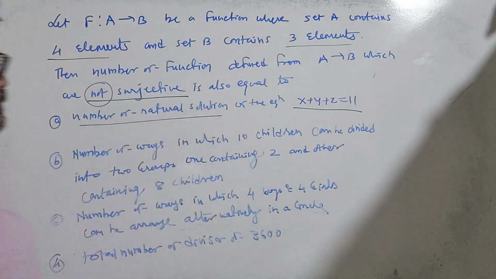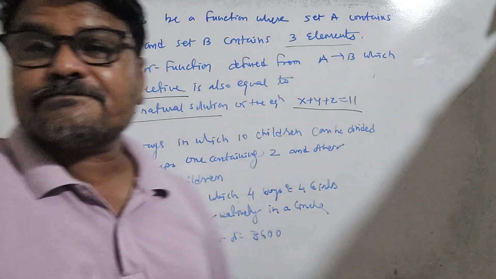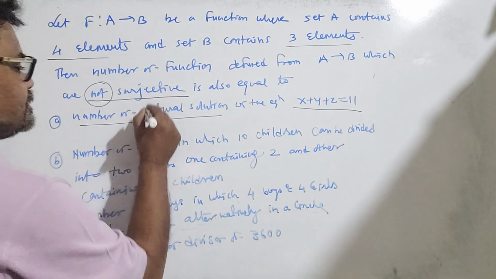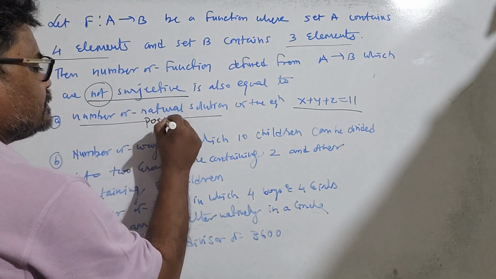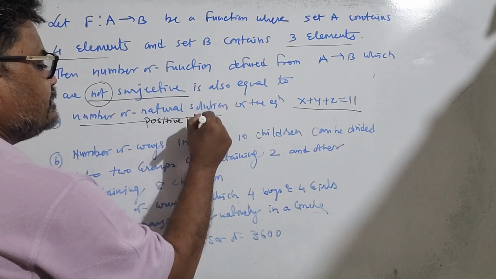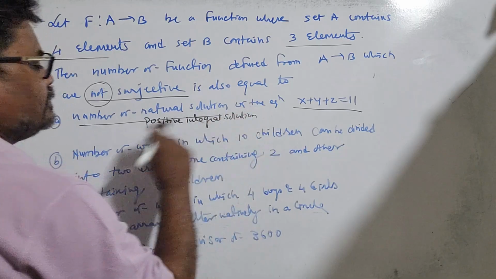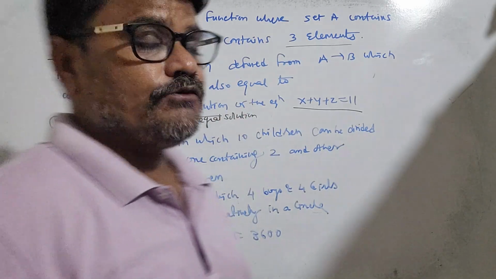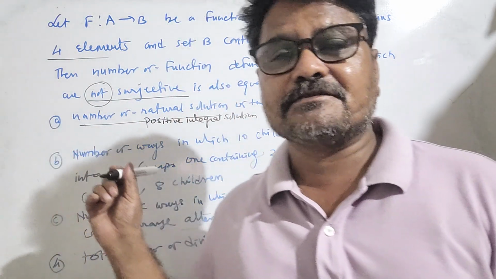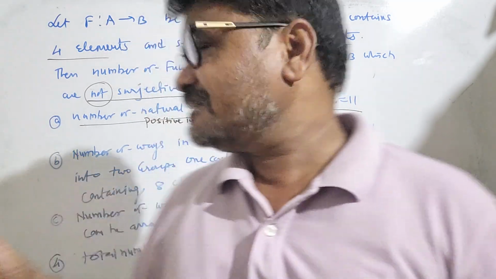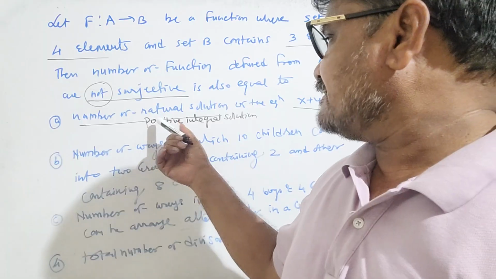Natural solution, number of natural solutions. Natural solution means positive integral solution. They are asking positive integral solution. We are always habitual of using these types of words, no? Positive integral solution, non-negative integral solution, like that. But here they are saying natural solution.